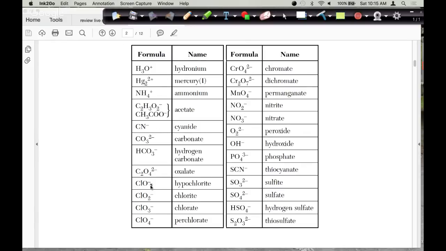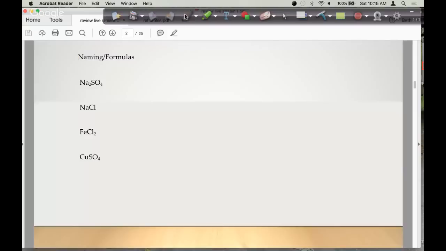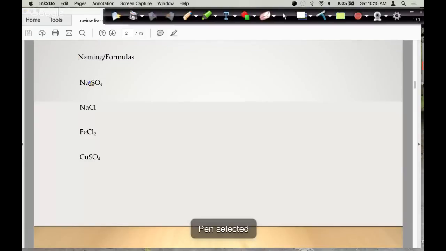So any of the positive ions on table E could take the place of a metal in a formula. Any of the negative ions on table E could take the place of a nonmetal in an ionic formula. So when we look at Na2SO4, Na's name is sodium.